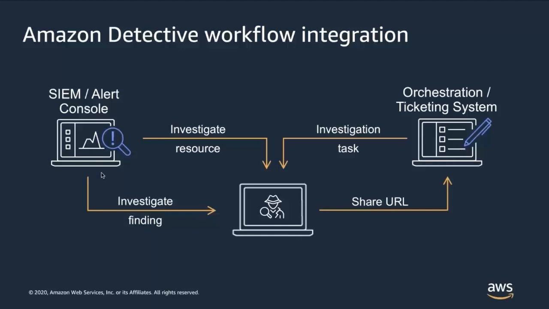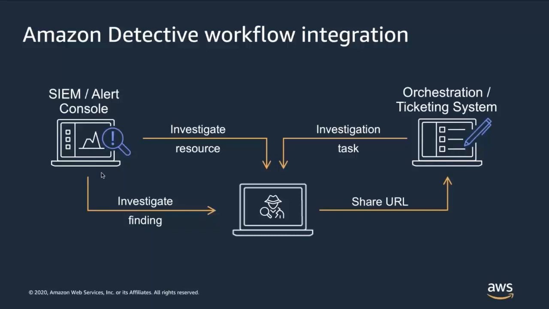We envision that our customers who have a variety of different solutions would like to have similar integrations from those solutions. For instance, if you're collecting all of your findings in a SIEM, or if you have a detection system that is surfacing findings or showing you resources to investigate, you can instrument those resources and findings so that there are pivots into Amazon Detective, which show you information that would be helpful in figuring out whether the finding is a true positive or a false positive.